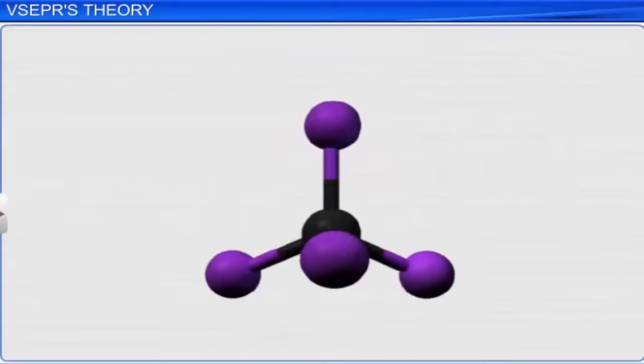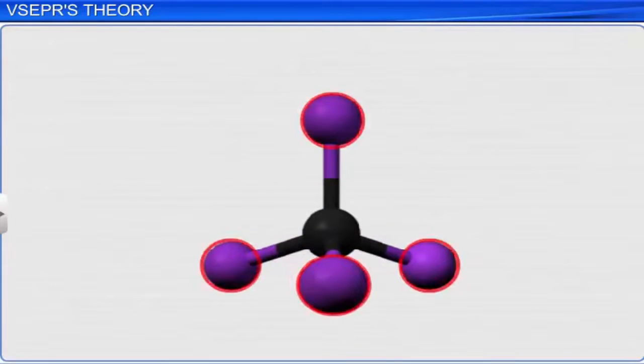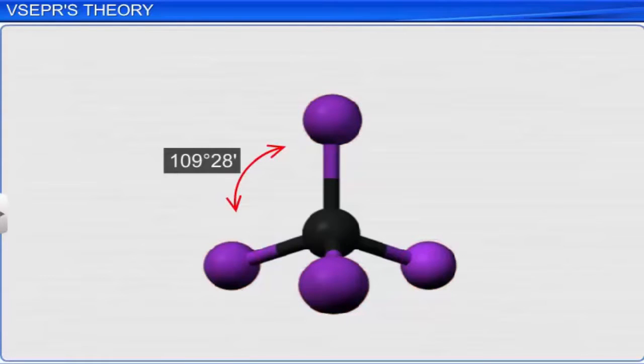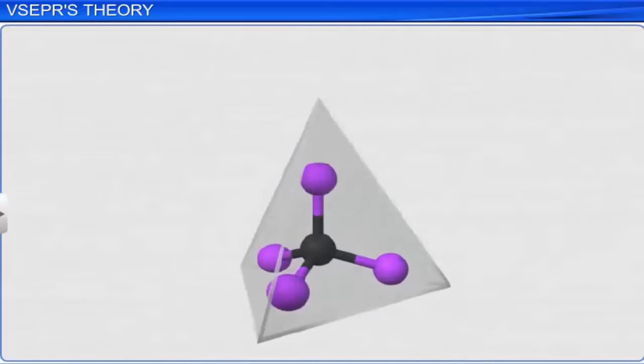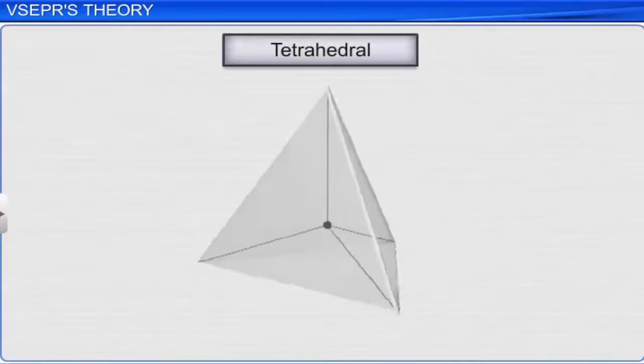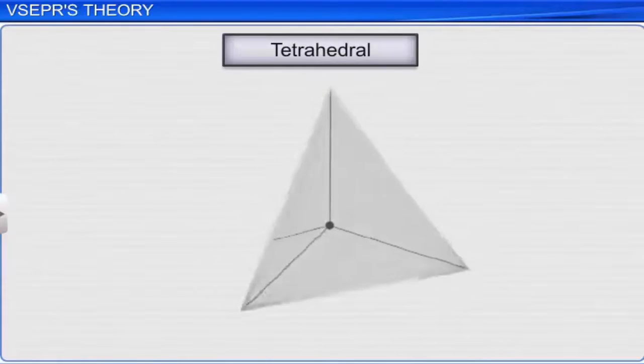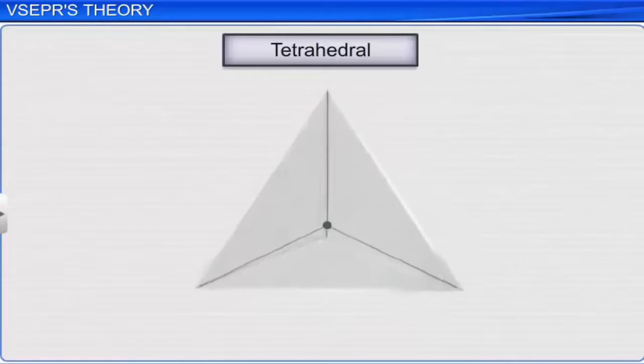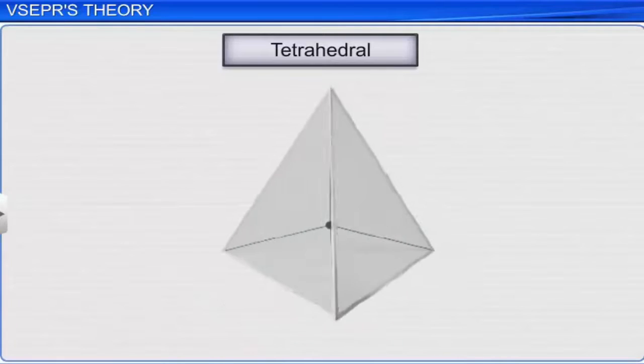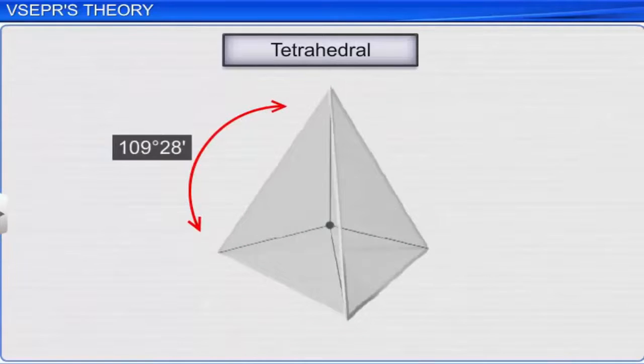As a result, all the 4 hydrogen atoms arrange at 4 corners of a tetrahedron, lying at equal distances away from each other. Hence, methane has a tetrahedral shape. In the methane tetrahedron, the bond angle is 109 degrees 28 minutes.